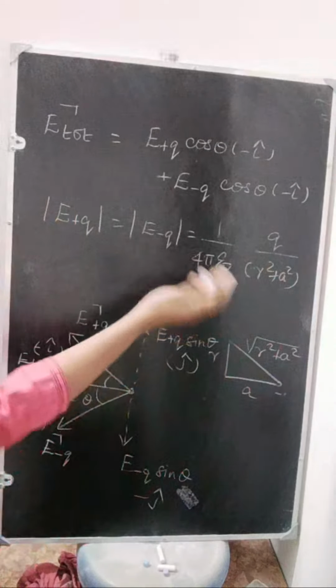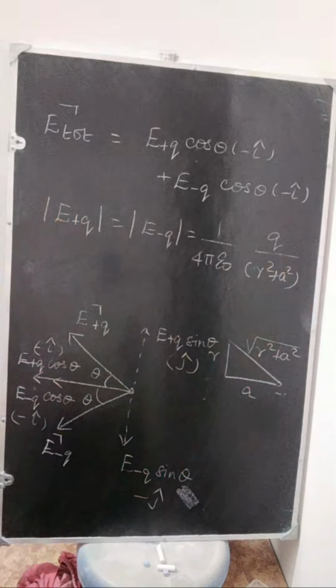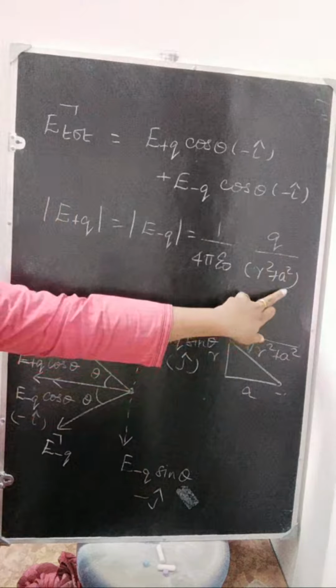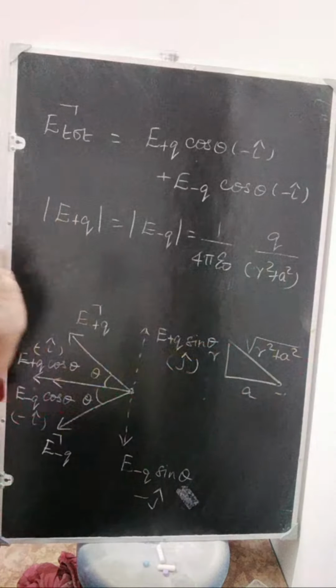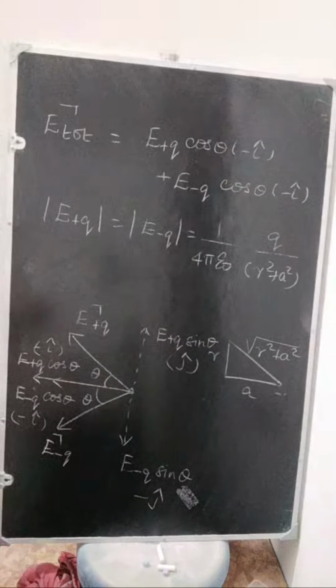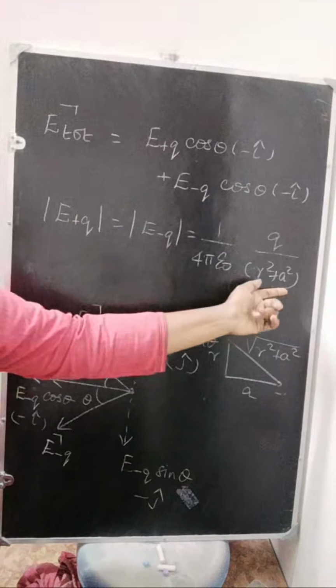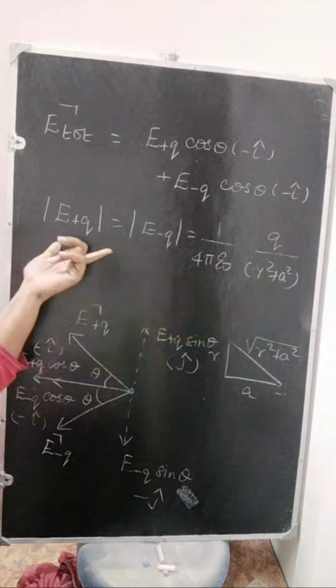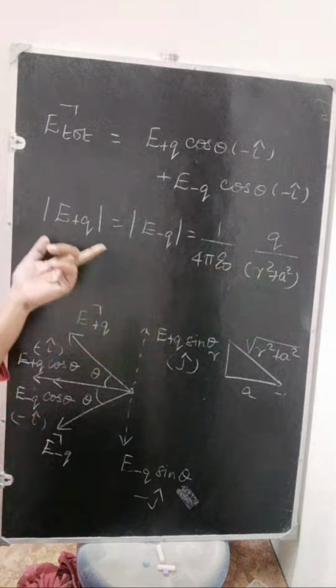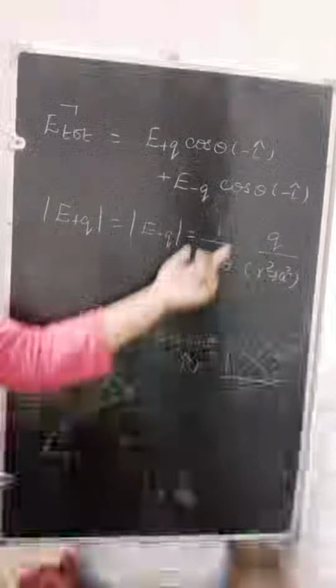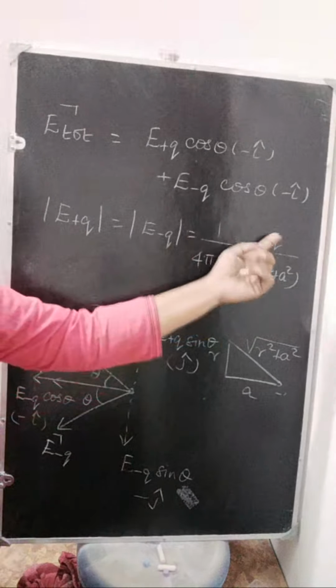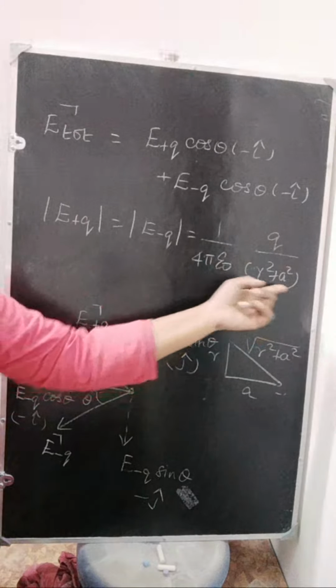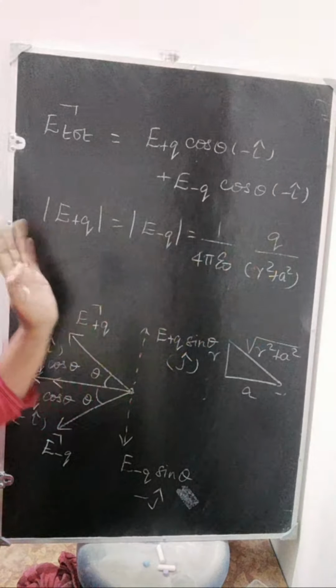In that way also we can represent. No need to bother about that much. Directly you can write R square plus A square. So what is E vector? E plus or E minus is equivalent to 1 by 4 pi epsilon naught Q divided by R square plus A square. So this is easy.